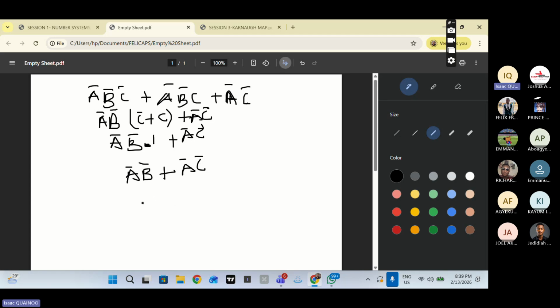We can decide to still factor A bar out. Someone might decide to factor A bar here, but we'll have A bar times B bar plus C bar.